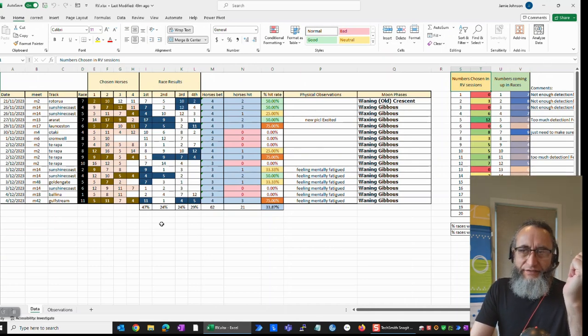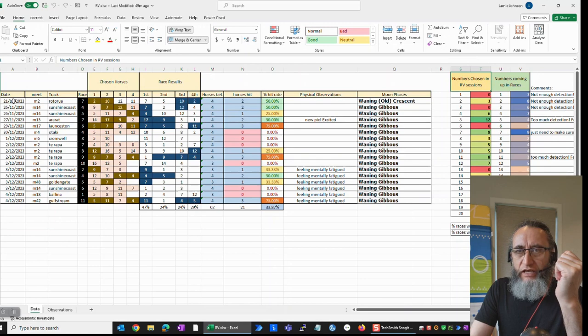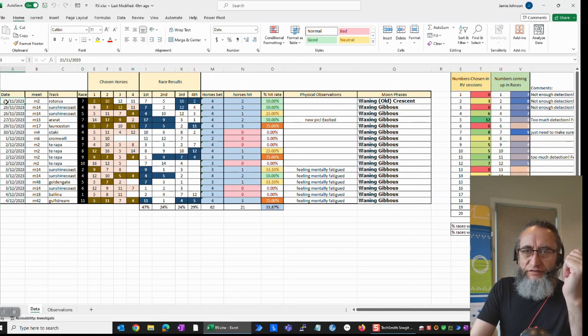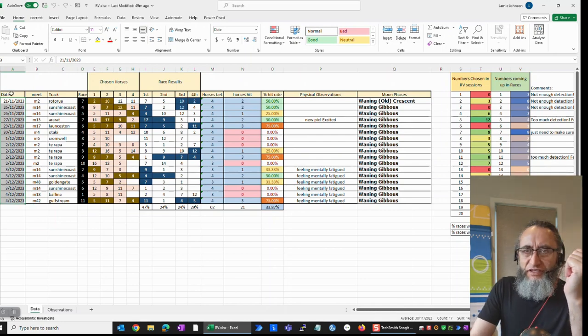And this is all pretty much ARV data. For the last 2-3 weeks, I've been doing ARV sessions. I've done about 17 in total. Is that 17 count? Yep.